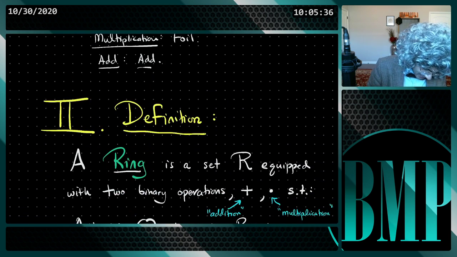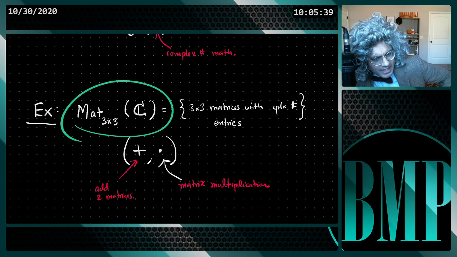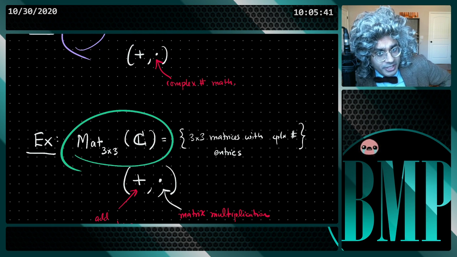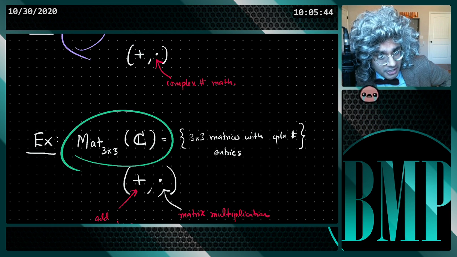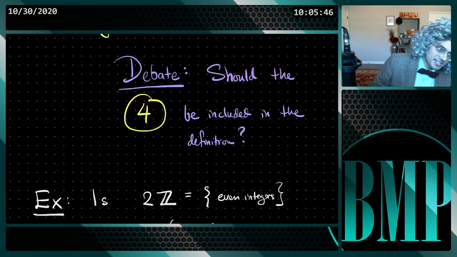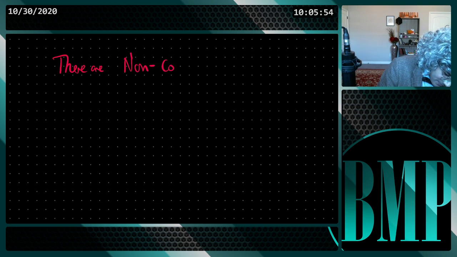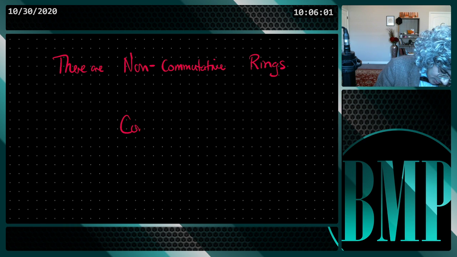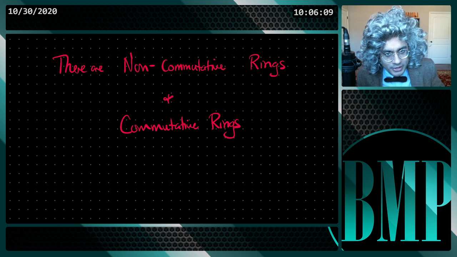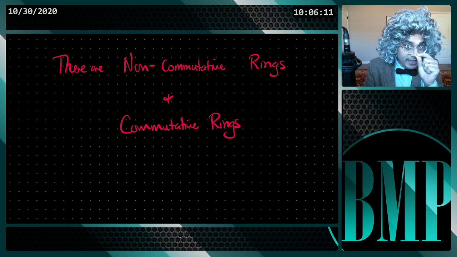This is purple. This is green. And this is purple. And what I did there was distinguish between commutative rings and non-commutative rings. Okay, so just like there are non-commutative rings, and then there are commutative rings. Non-commutative and commutative is talking about the multiplication rule.